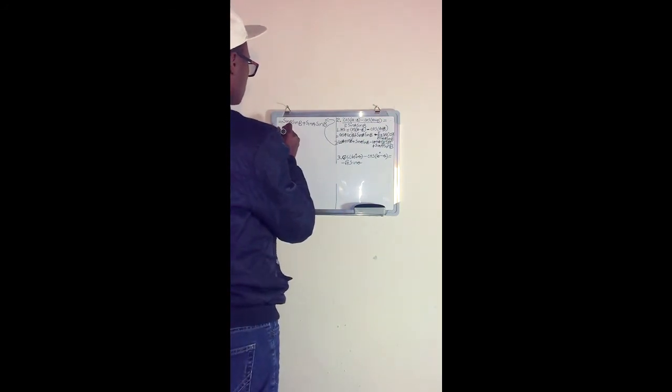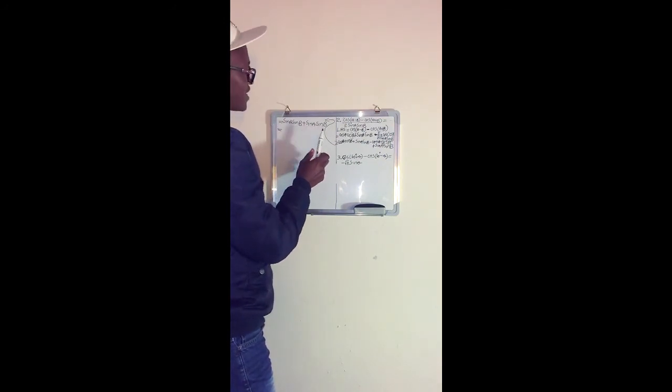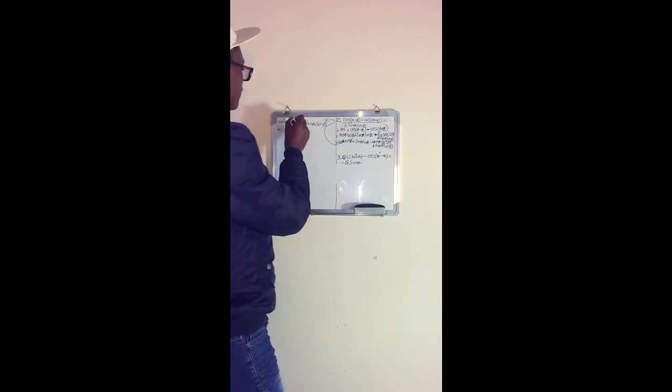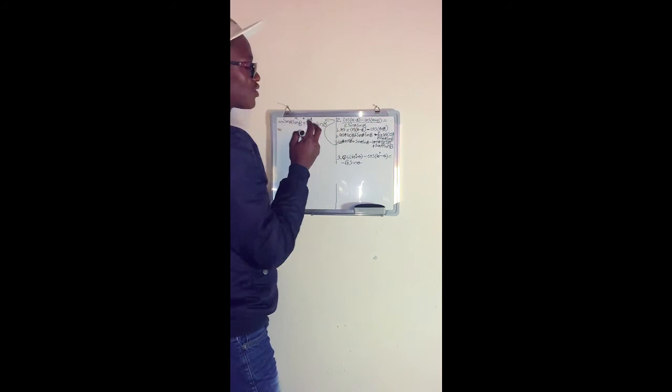So it is equal to, so 1 sin A sin B plus 1 sin A sin B is the same as 2 sin A sin B. So it's like we have 1 plus 1. 1 plus 1 is 2.